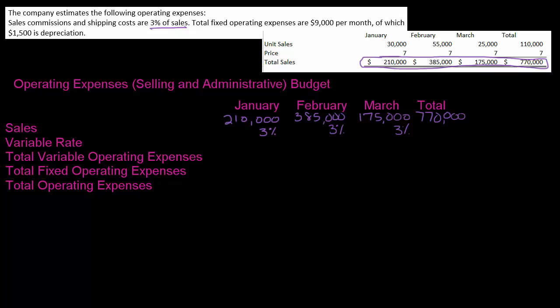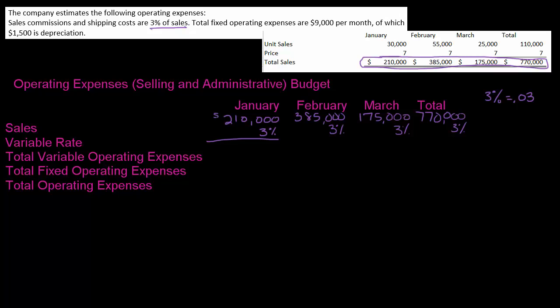And you're going to multiply your sales figures by 3% in order to get the total variable operating expense. So 3%, remember that 3% is equal to 0.03 when you multiply it out.